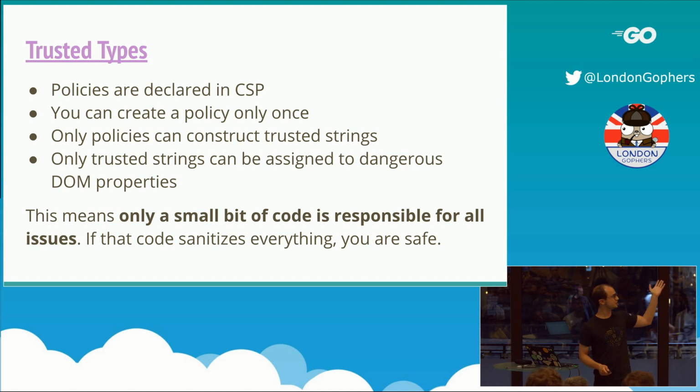And to enable this feature, you just need to set a header. And this gives you type safety at runtime in the browser. So if you're used to looking at stuff in Go and know nothing can go wrong, you can trust this. And you can have, for example, a default policy that takes any string as an input, sanitizes it, and says, this is safe HTML, I know because I sanitized it, so it can't really execute code.